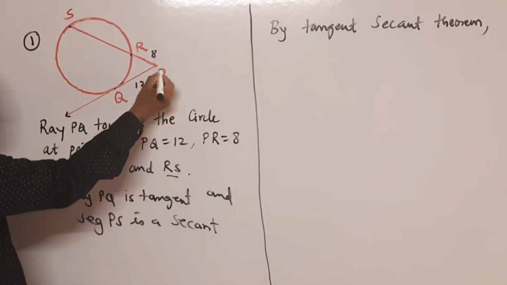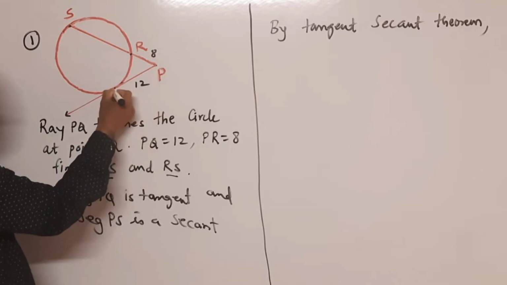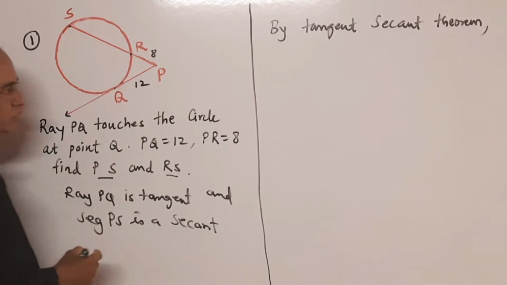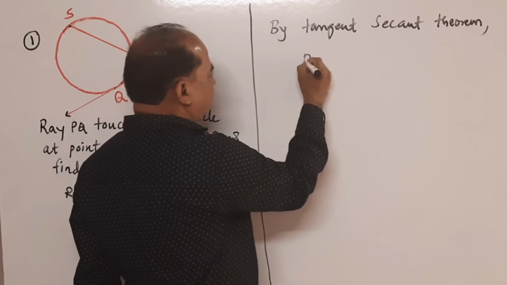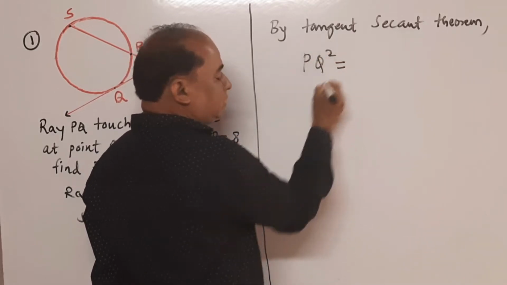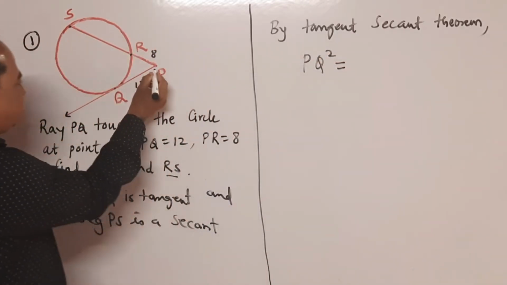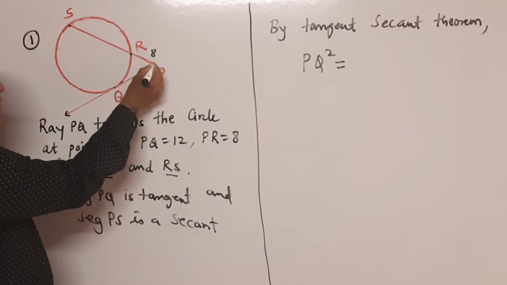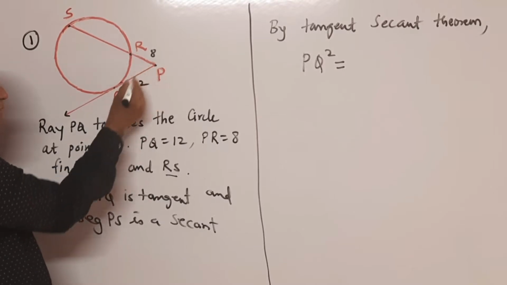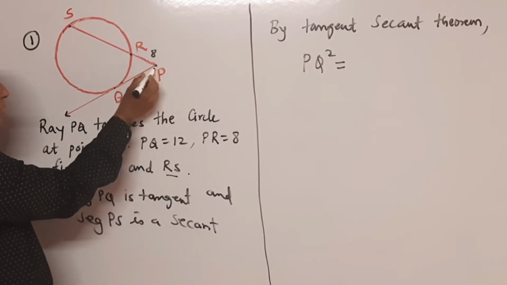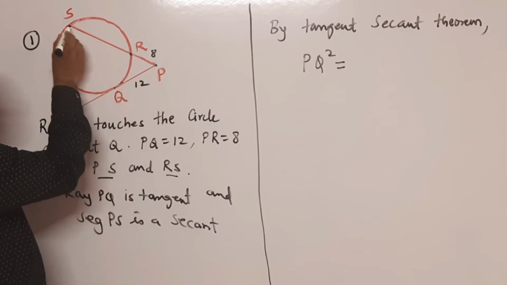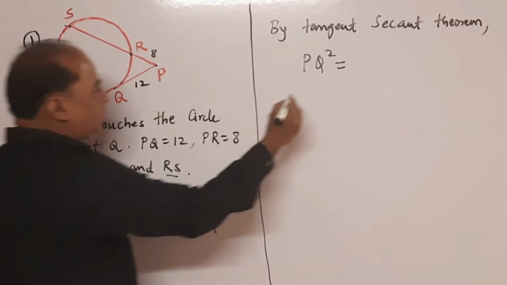the square of the tangent segment, that is PQ square, is equal to PR into PS. We have to start with P, the point of intersection of tangent and secant.